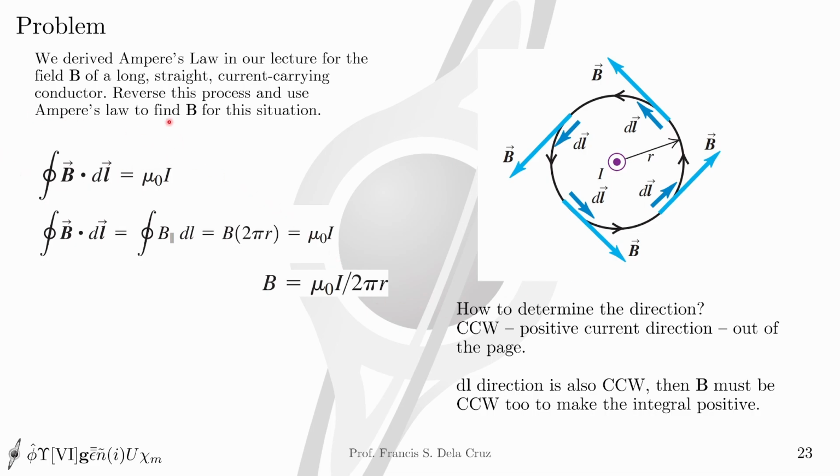So from the Ampere circuital law, which is this, we want to extract B. We know that the path we're going to traverse would be this circle. So the entire path would be from 0 to 2 pi at a radius r. That's why the circumference of this path, when you take the closed loop integral, will be equal to 2 pi r. Therefore, the magnetic field due to this current carrying wire is equal to mu naught I over 2 pi r.